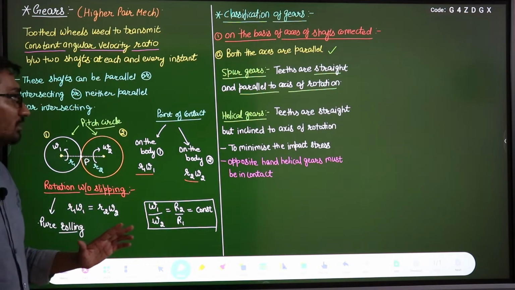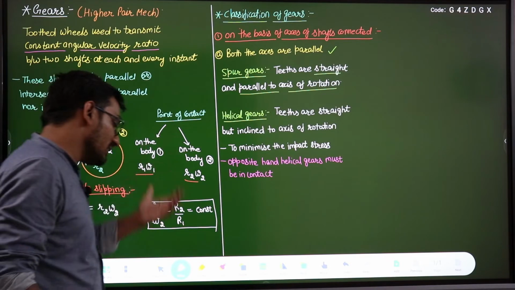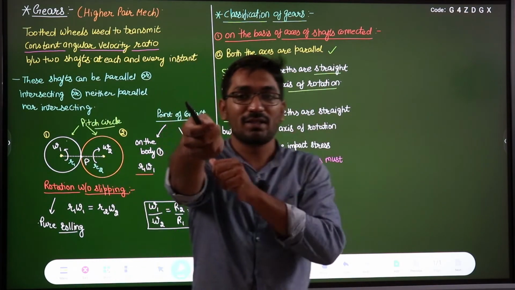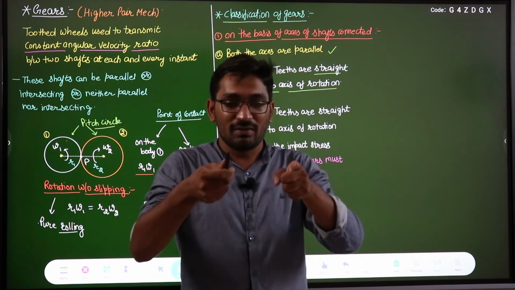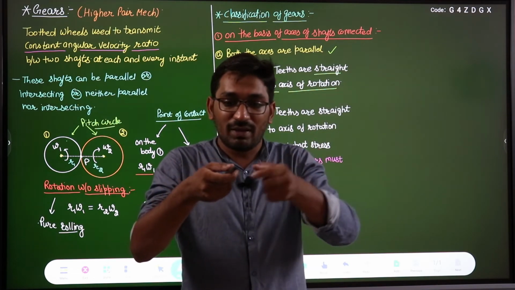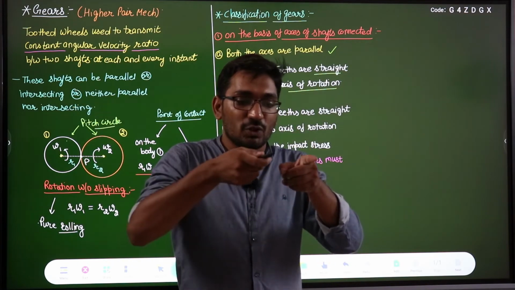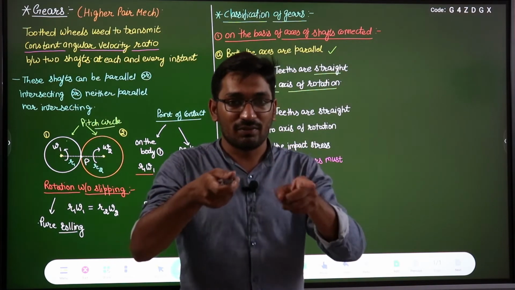Now, if we talk about spur gears, suppose these two are the teeth of spur gears. We have these two shafts, on this one we have one gear and on this one we have another gear. The teeth are in the direction of the axis of the shaft.